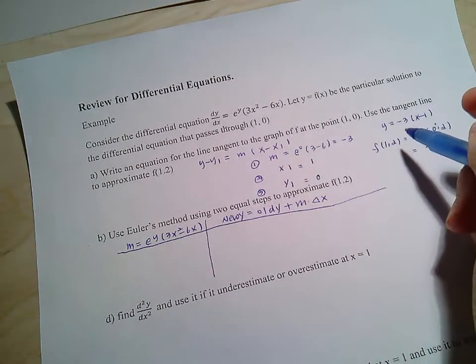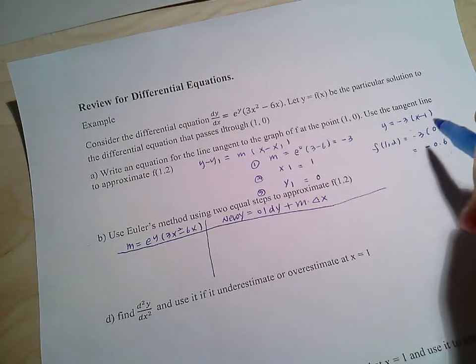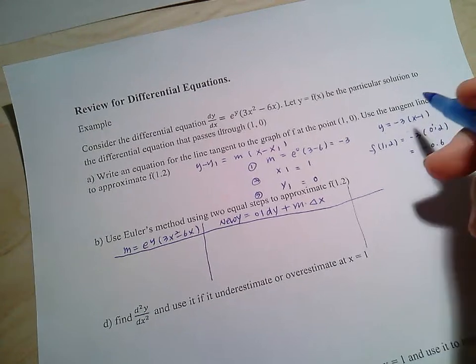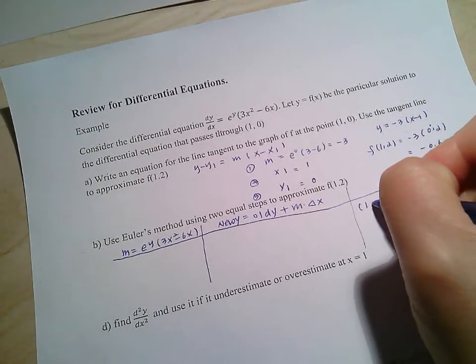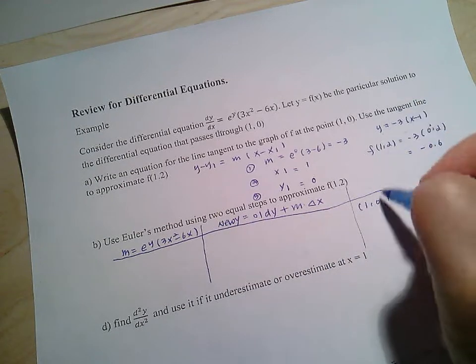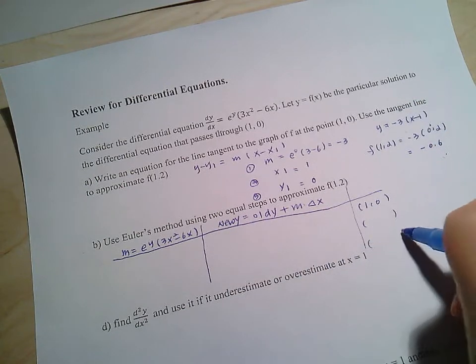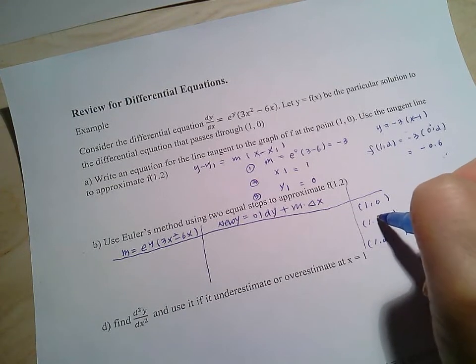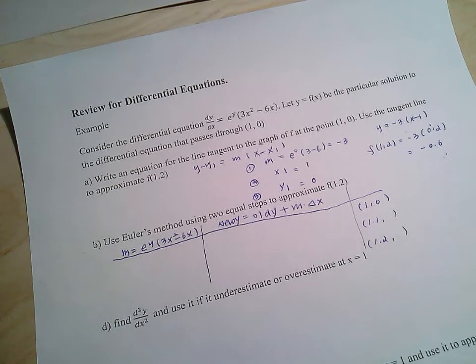Sorry, the marker is right next to me. We have the point (1, 0), and it says 2 equal steps. We need 2 equal steps to get to 1.2, so the middle step is 1.1, which means delta x is 0.1.